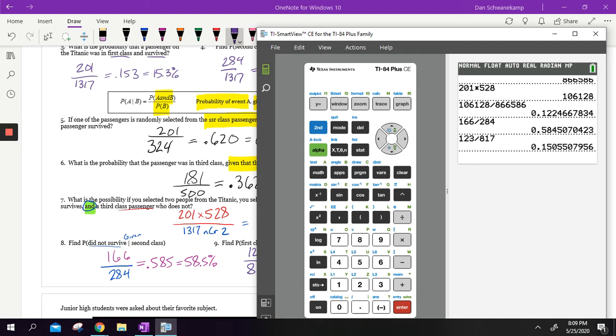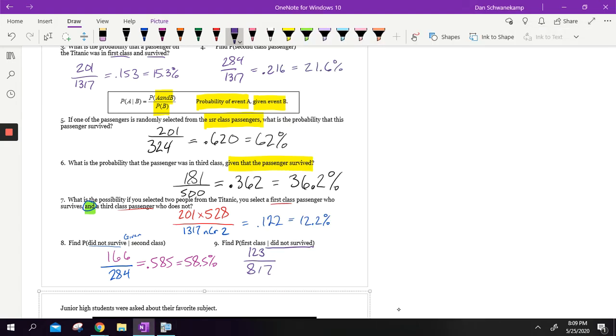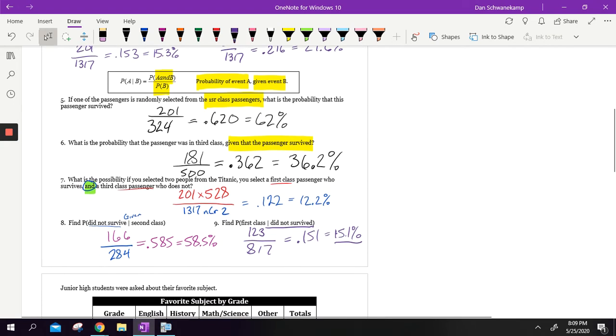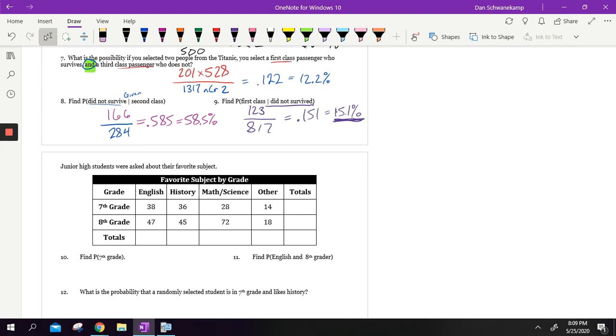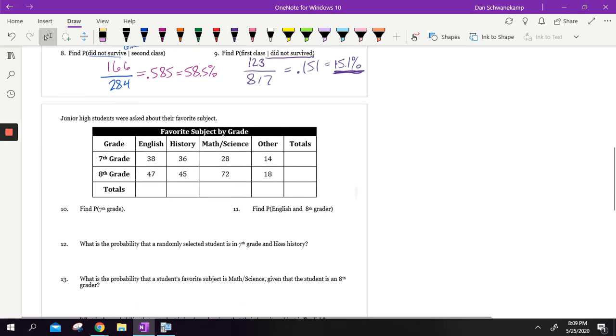I get 0.151 when I round. So only 15.1% of the people that died were from first class. Maybe you're seeing some data there that's telling you deaths were not proportional across first to third class and so on.